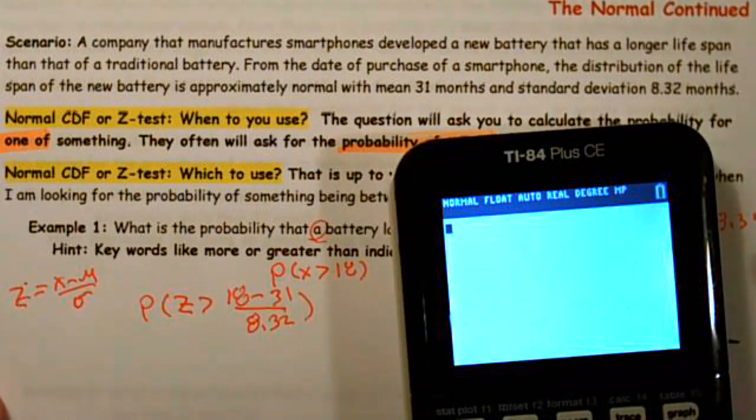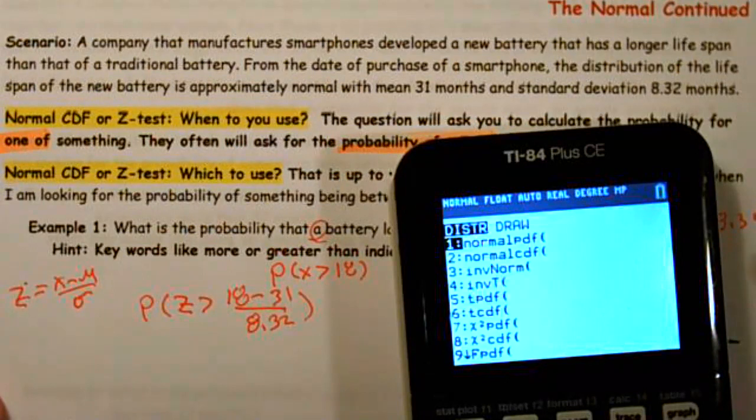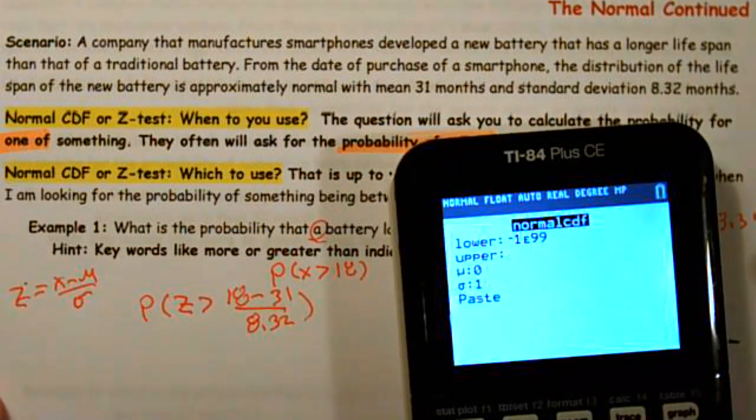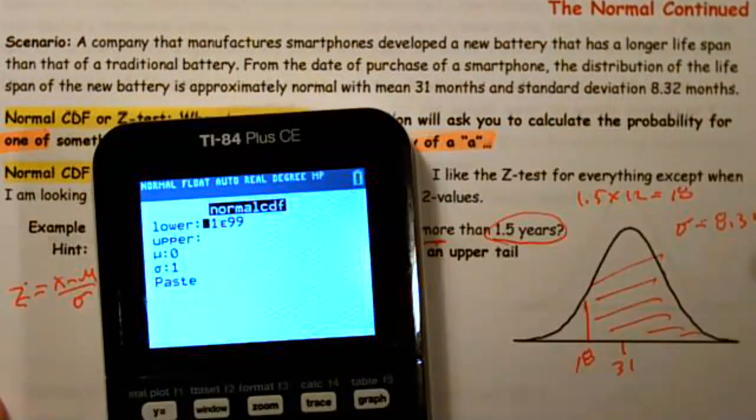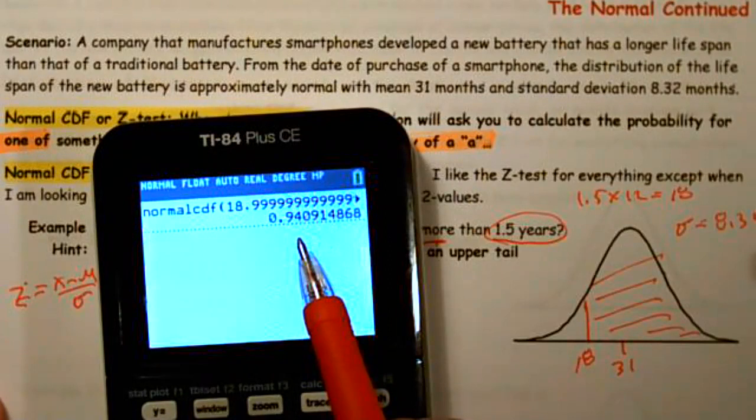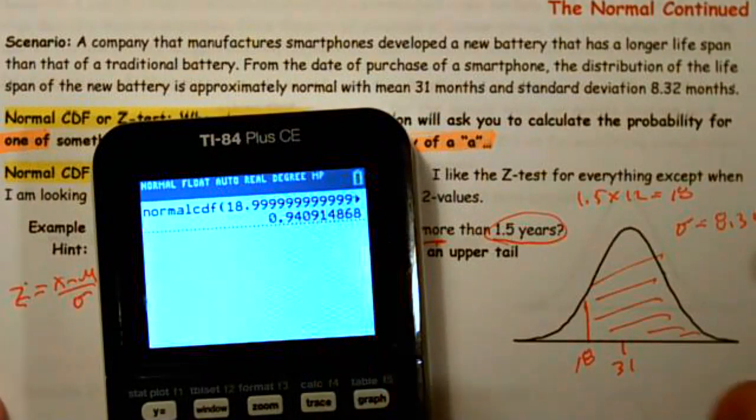So with a normal CDF, second vars, normal CDF, the lower bound, looking at my picture, is 18. My upper bound is infinity. My mean is 31. My standard deviation is 8.32. And it goes directly to the probability. And that's fine.